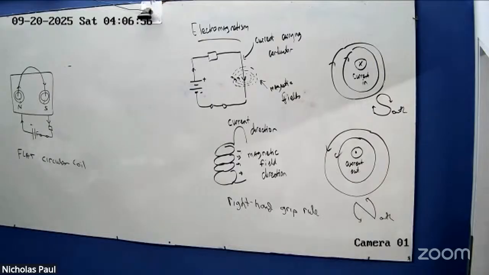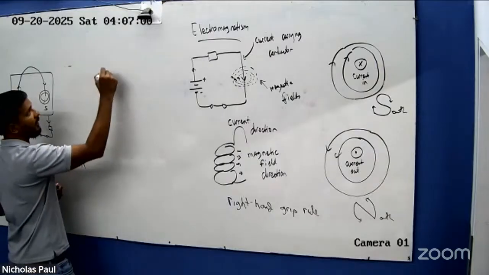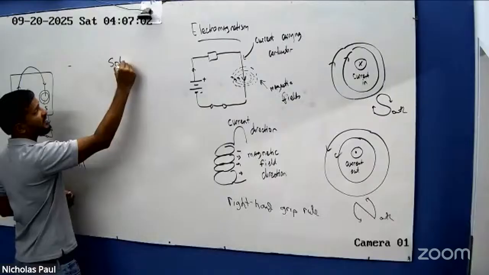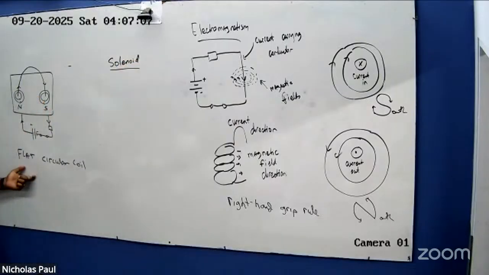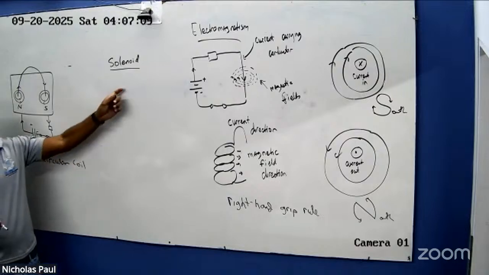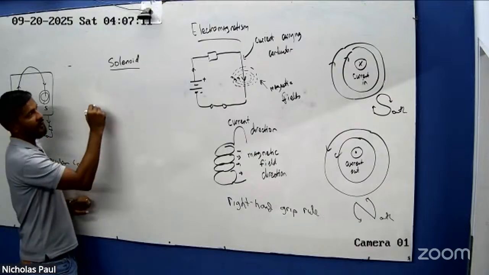Right? Next one. Next one is a solenoid. So in questions like this, what they will ask you is to draw the magnetic fields around the flat circular coil and draw it for a solenoid. But I want you to understand what a solenoid is.